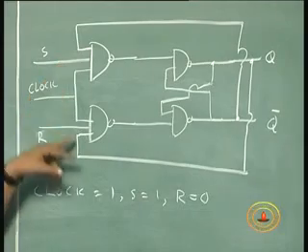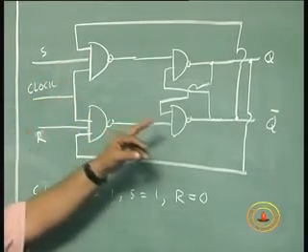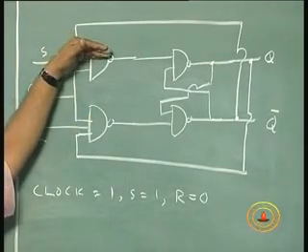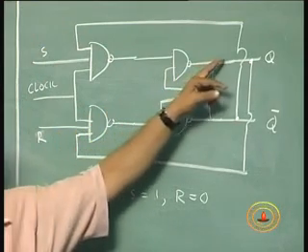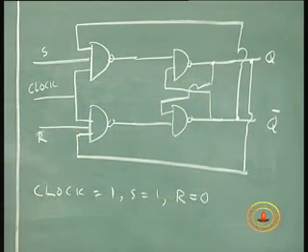When S is equal to 1, R is equal to 0, clock is high, the output is going to be, without this third input of the NAND gate, Q would be 1 and Q bar will be 0, correct?